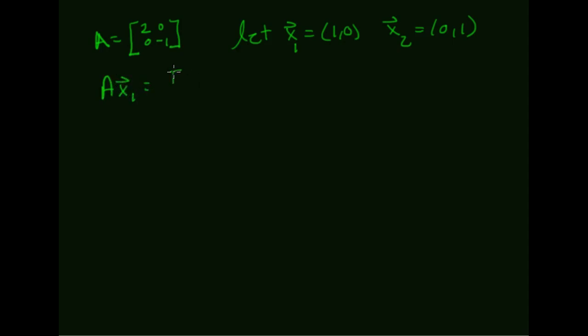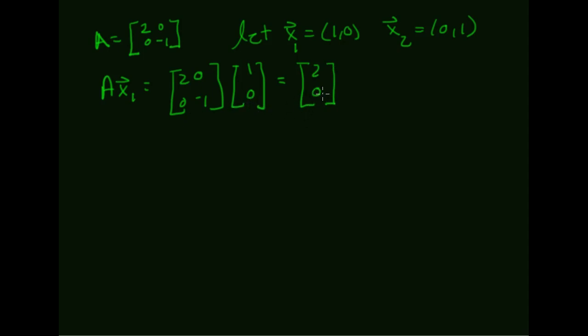So let's say I have some matrix, and we're going to take a really simple one here. This is [2, 0; 0, -1]. And I'm going to let x1 be the vector (1, 0), and we're going to let x2 be the vector (0, 1). So if I take A times x1, I get [2, 0; 0, -1] times (1, 0), which, if you multiply that out, you're going to get (2, 0).